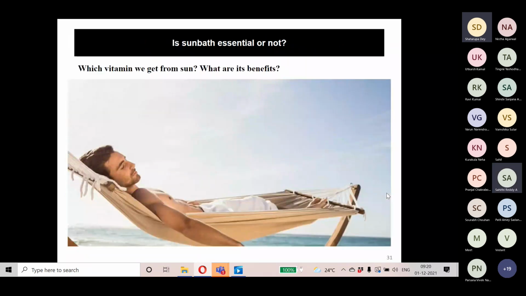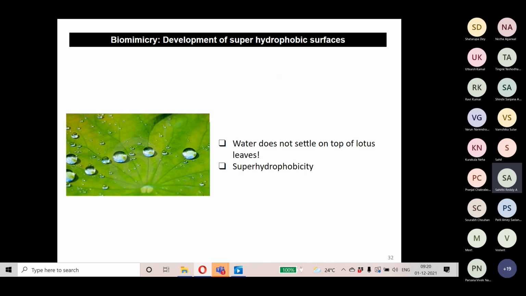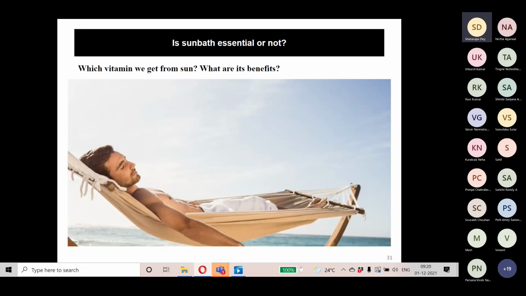We get vitamin D, and it helps in proper growth, nourishment of hair, skin, and all, I think. Yeah, you are right. Sunlight helps in formation of vitamin D in our body. There is a precursor present in our body, and with the help of sunlight, this precursor gets converted to vitamin D.